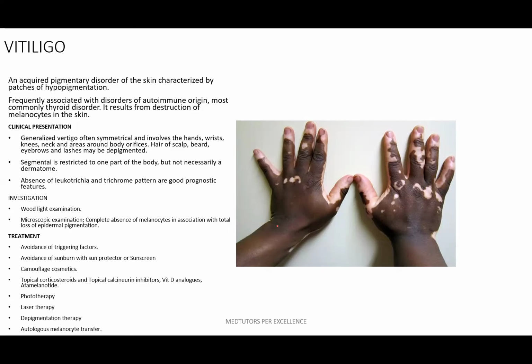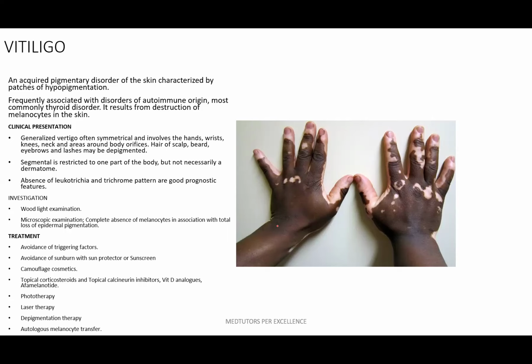So how do they present? Generalized vitiligo is often symmetrical and involves the hands, wrists, knees, neck, and areas around the body orifices. Some people will just have it around their mouth.